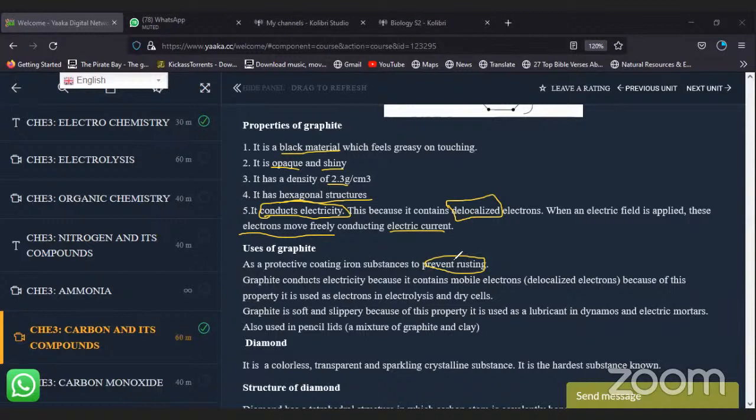Graphite conducts electricity because it contains mobile electrons, which is correct. We have seen that. I've explained about the dry cells, like those tiger head batteries. Those dry cells contain graphite.